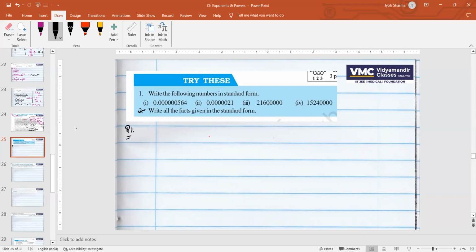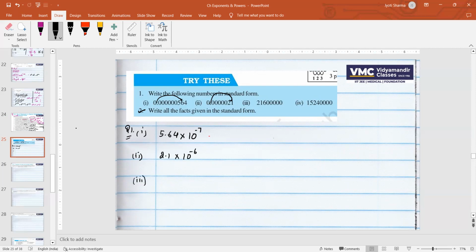So the first answer is 5.64 into 10 to the power... so we have come here. 1, 2, 3, 4, 5, 6, 7. 7 places jumped. The second one is 2.1 into 10 to the power, and we are coming here in between 2 and 1. 1, 2, 3, 4, 5, 6, minus 6.